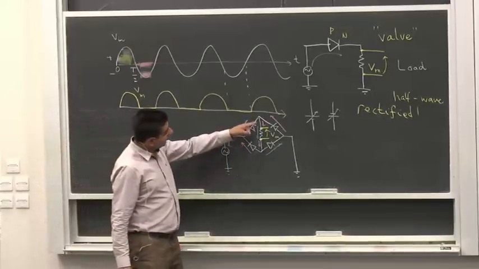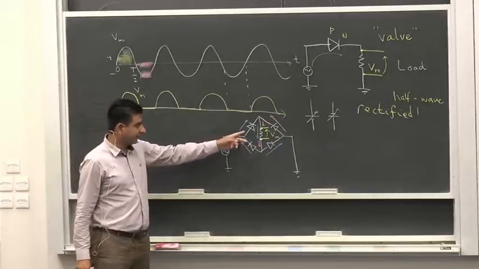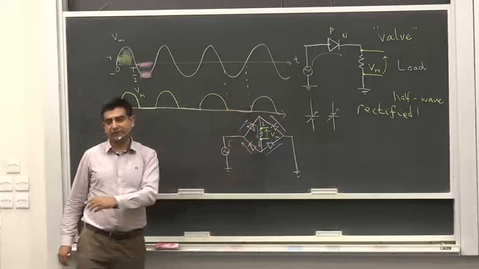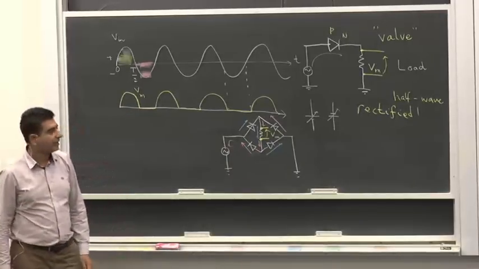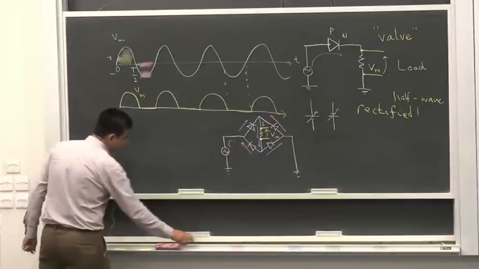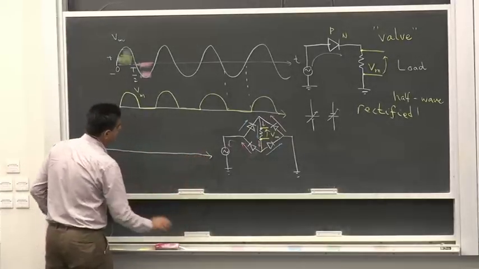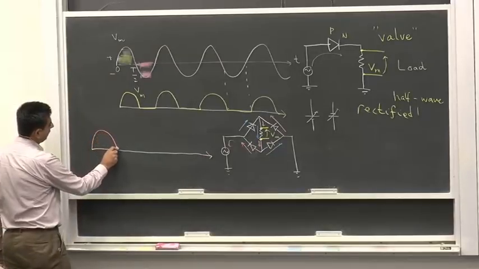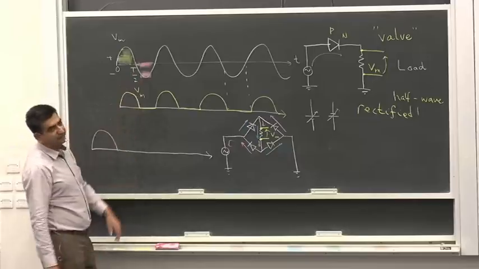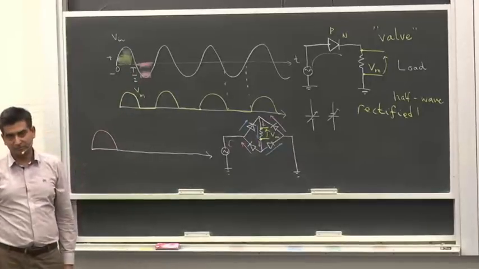So whatever the positive or the negative cycle is, the current is always flowing through the diode and is always flowing through the same direction. So if I look at the output across the load resistor, in this case, the current goes up, so the voltage goes up, comes down, and during the negative half of the cycle, current is still flowing through the diode.